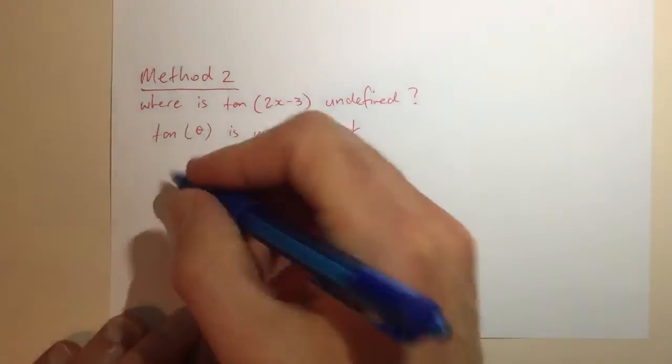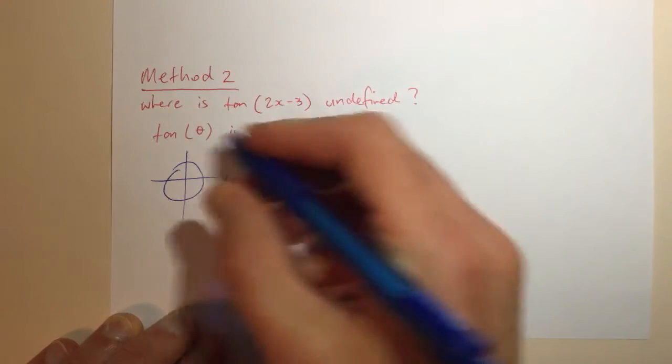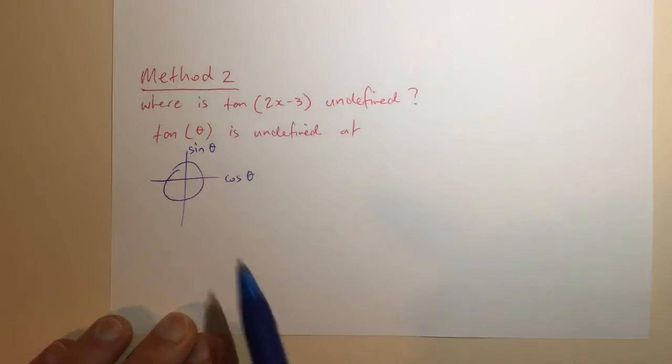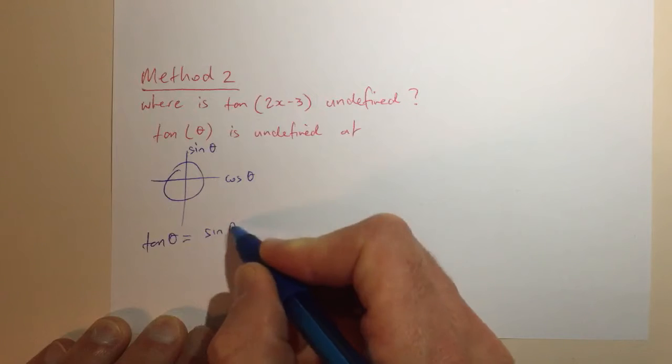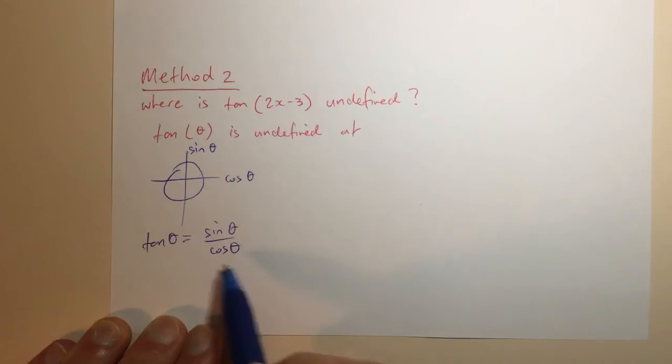Sorry, I'm just going to write this where you can actually see it. So we know that we have cos theta and sine theta as the x and y axis of our unit circle, and if tan theta is equal to sine theta on cos theta, then tan is going to be undefined whenever cos theta equals 0.